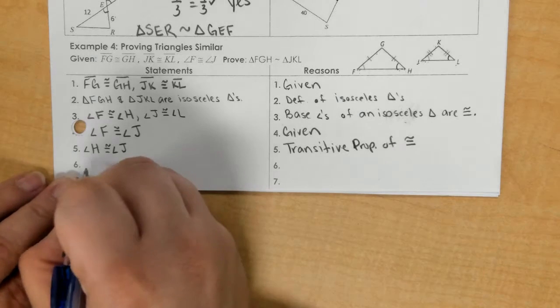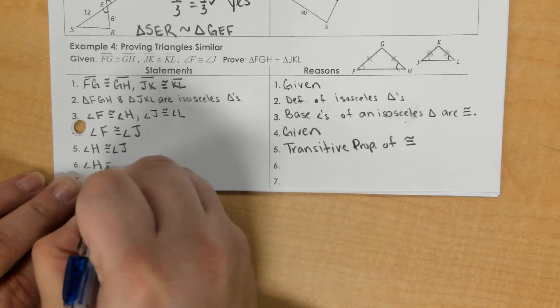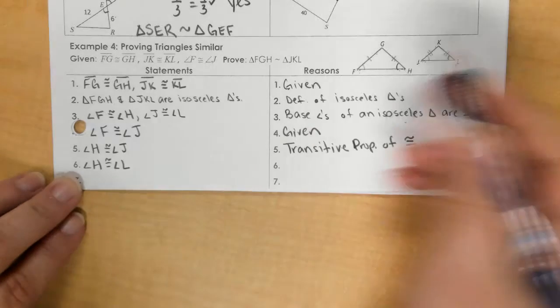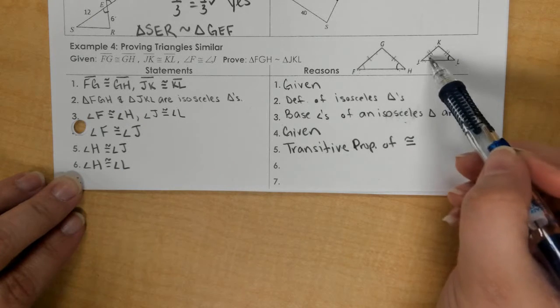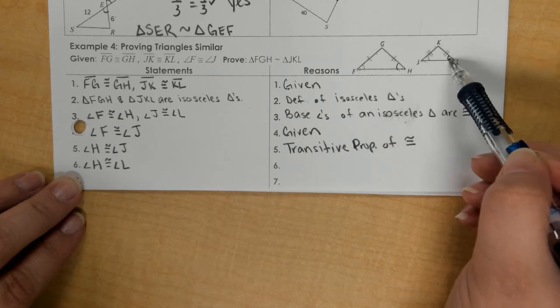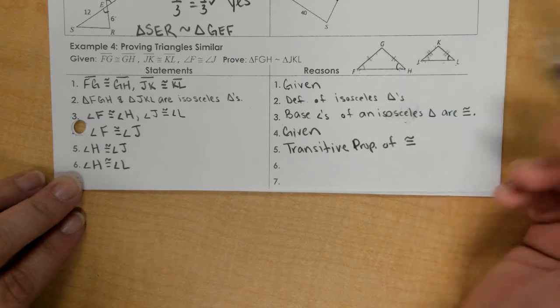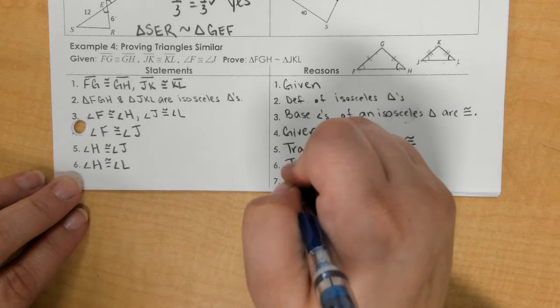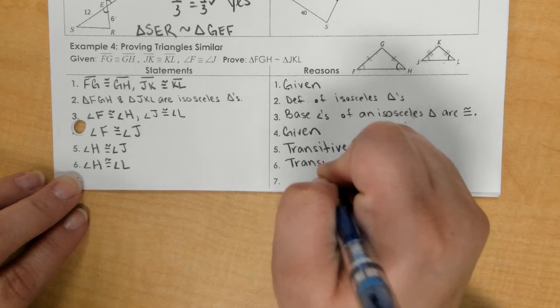As well as angle H is congruent to angle L. Okay? So again, J is congruent to L, J is congruent to H, that means that H is congruent to L. Again, transitive property.